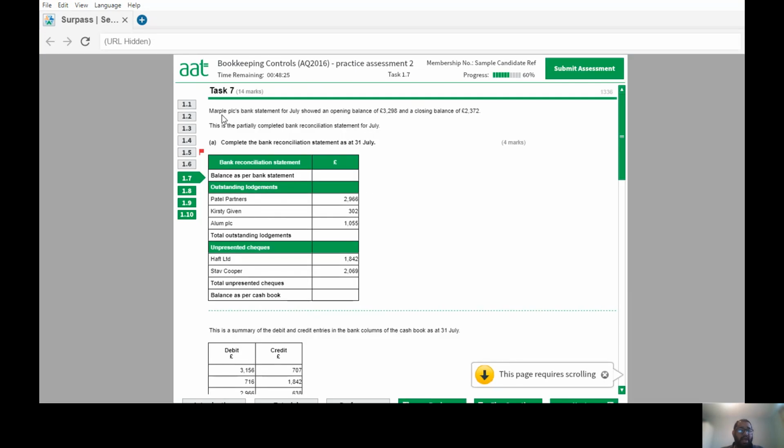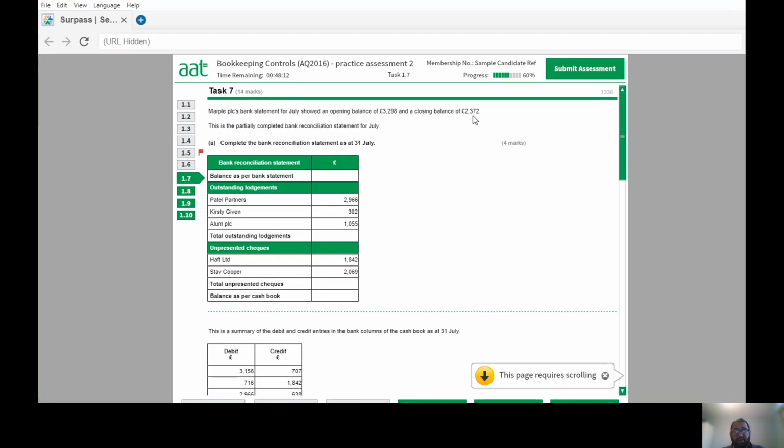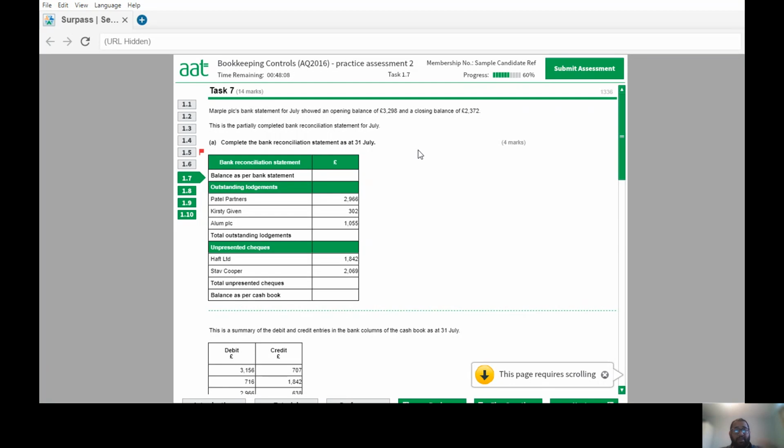Right, now here they're saying the Marple PLC's bank statement for July shows an opening balance of £3,298 and a closing balance of £2,372. So what we now have to do is find the bank reconciliation. How are we going to do that? This is the partially completed bank reconciliation statement.